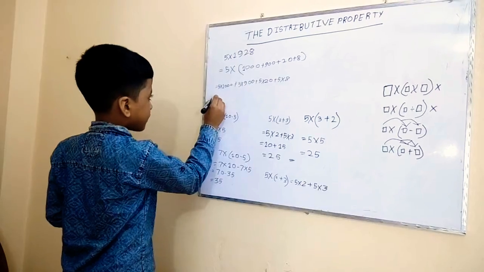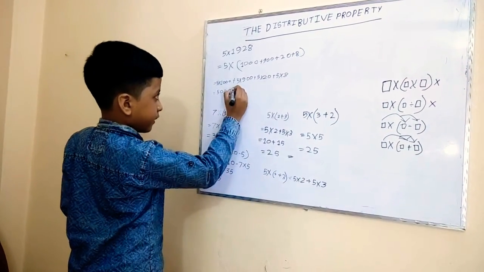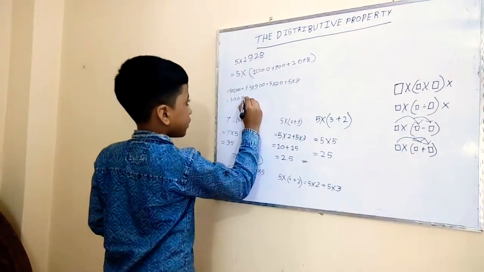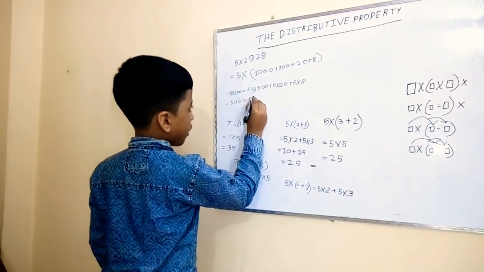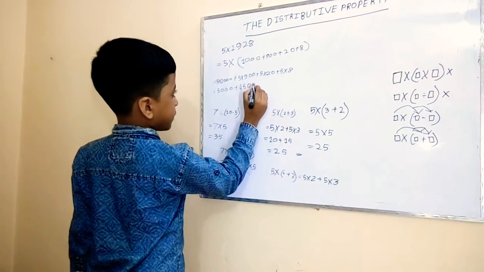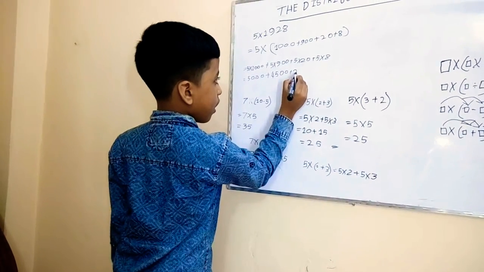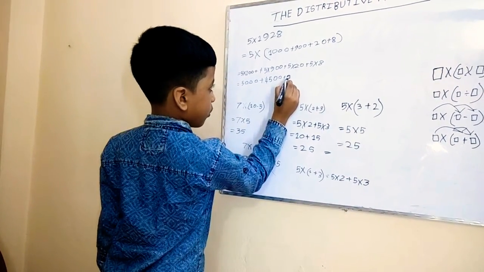5 times 1,000 is just 5,000. And then 5 times 900 is just 4,500. And then 5 times 20 is just 100.